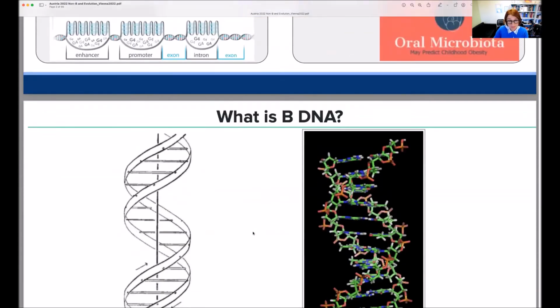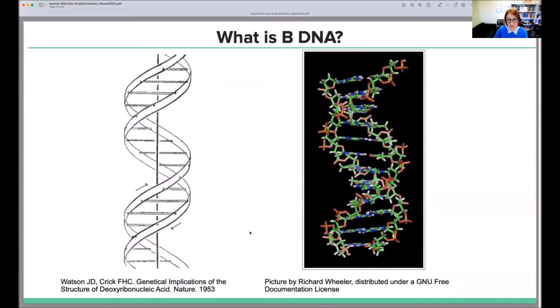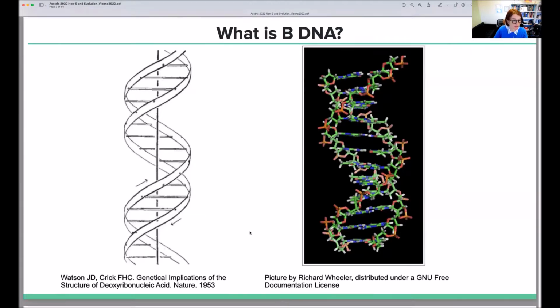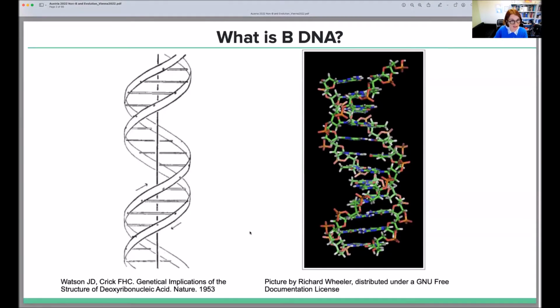So before I talk about non-B DNA, I just wanted to remind you what B-DNA is, and that's something that you are all familiar with. This is the conformation of DNA that was discovered by Watson and Crick, and it is a right-handed helix with about 10 base pairs per turn.